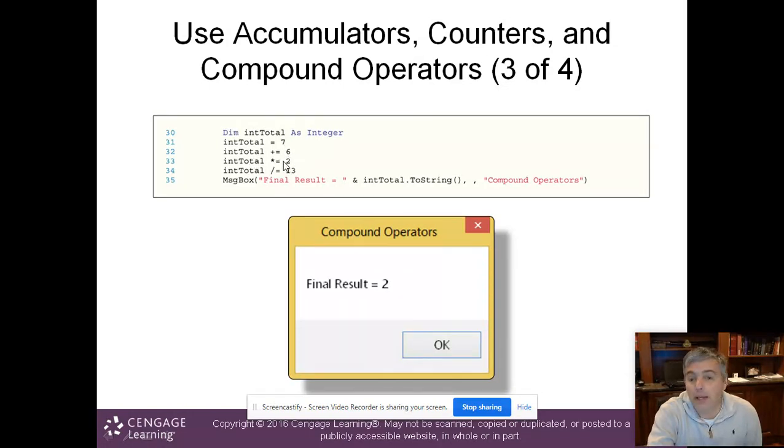Then we're multiplying it by 2. 13 times 2 is 26. Divided by 13 is 2. That's all we're doing. We just accumulate the value in this total, and then we use the operator here to do the arithmetic. And in this example, we're putting the result of 2 into a message box.